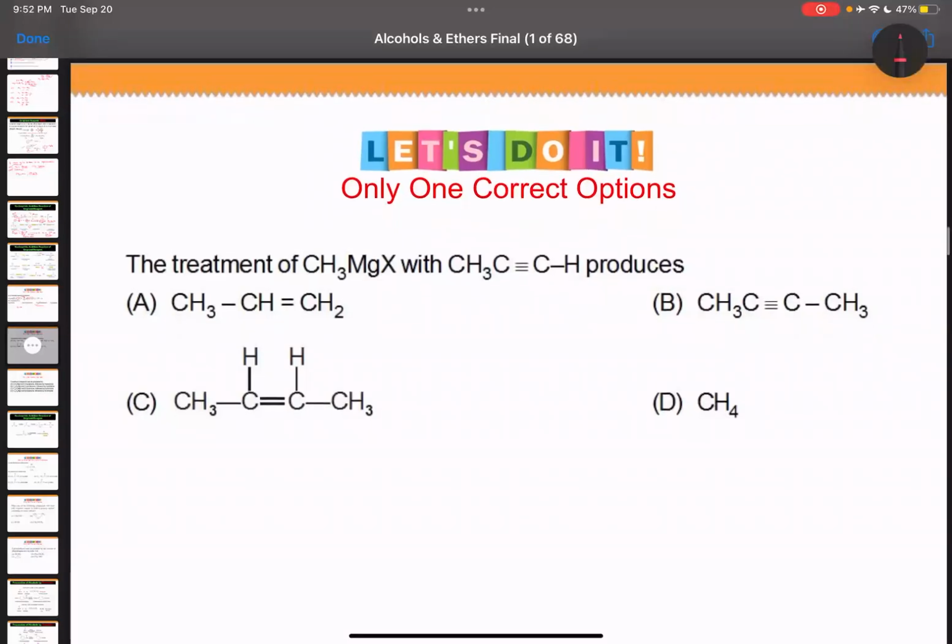Can you repeat, sir? Terminal alkynes have acidic hydrogen. Why is it acidic?